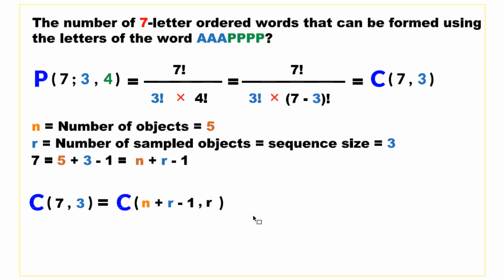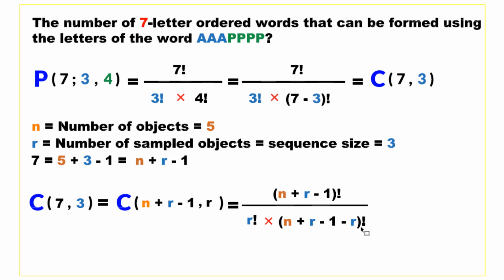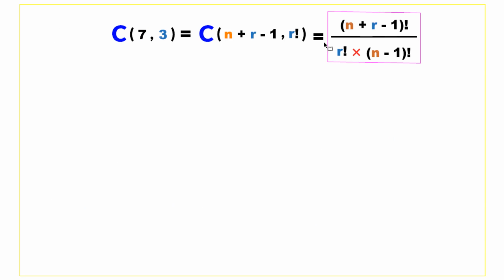And that is equal to, as we did before, the numerator n plus r minus 1 factorial divided by, like what we did here, the numerator minus the number of sampled objects. So here we have n plus r minus 1 minus the sampled object, and we get this formula here. So this is the answer we are looking for. So this is the answer to our problem.